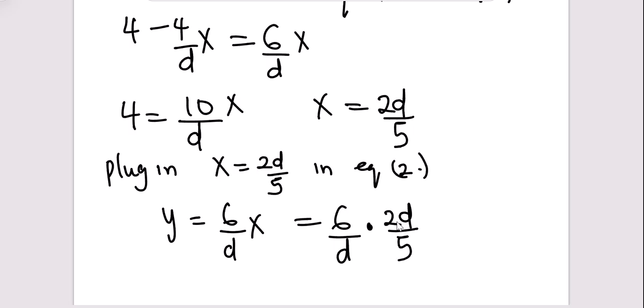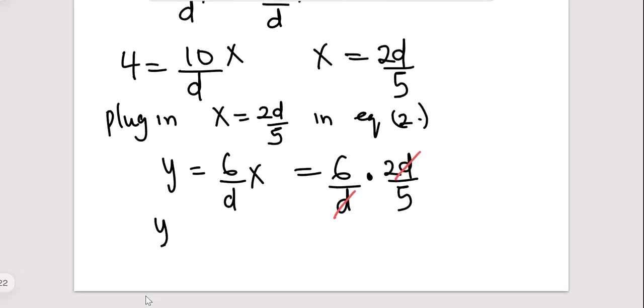Here, d cancels out d. And from this, our y is equal to 12 over 5, which is the same thing as 2.4 meters. So this is the point of intersection.